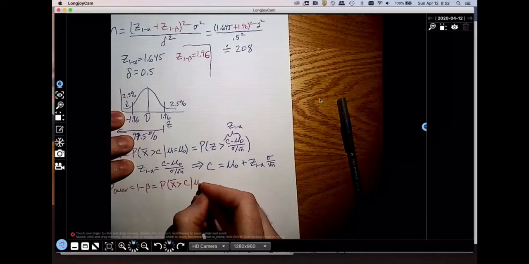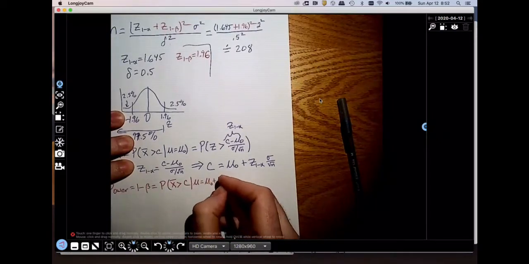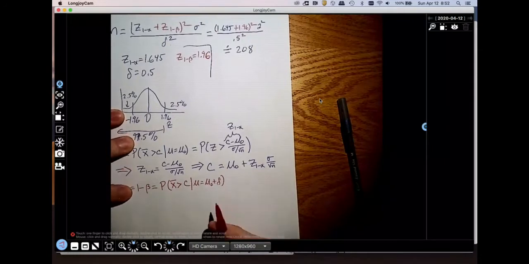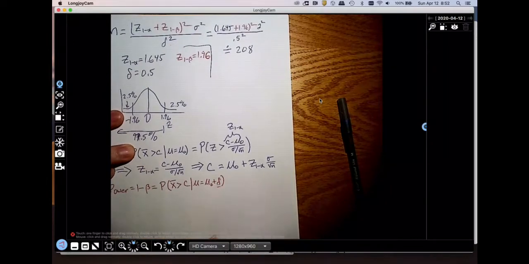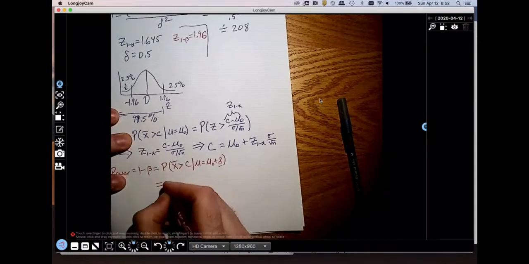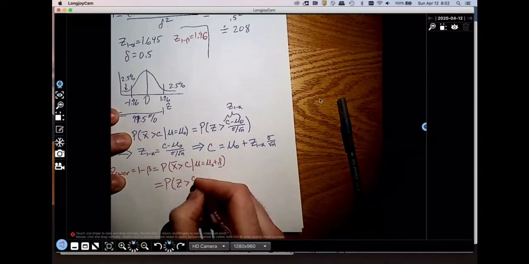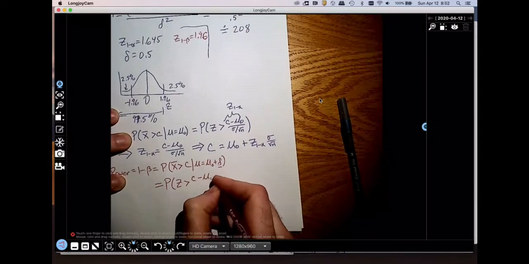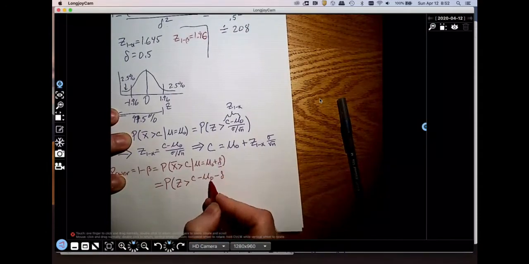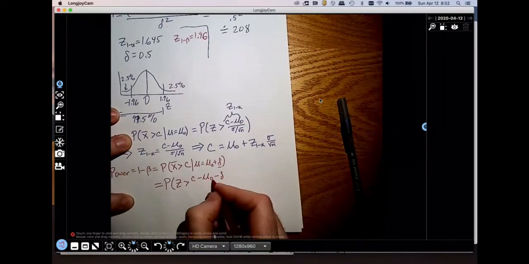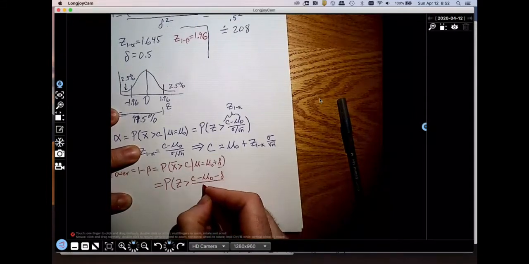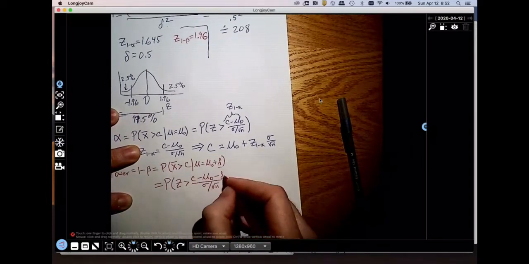Given that my mu is now, let's call it mu naught plus delta, because remember the power curve is an expression of this power in terms of this magnitude of the difference that I'm trying to detect. So this is going to equal the probability that I observe a z greater than, well, c minus the mean. Well, what's the mean? Mu naught plus delta. So that's really minus parentheses mu naught plus delta, but we can distribute the minus sign there, divided by sigma over the square root of n.